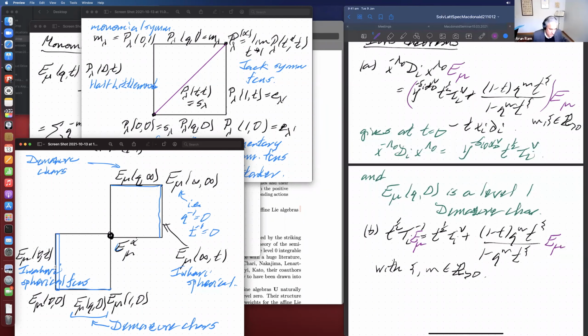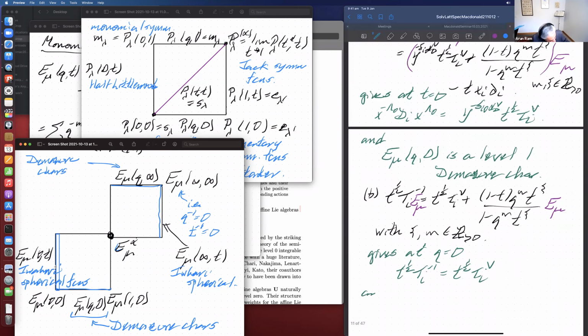And so this gives that at q equal to 0, the T that's appearing in my Iwahori spherical function is equal to the intertwiner, and the specialization of E_mu at q equal to 0 is an Iwahori spherical function, just because you've compared the operators that generate.